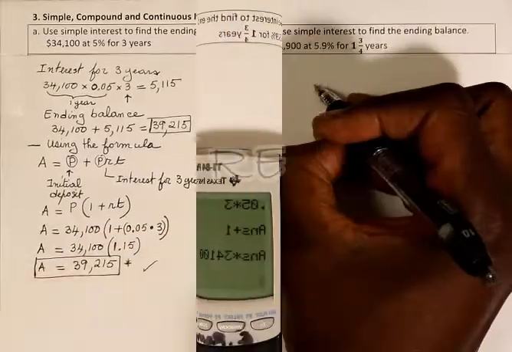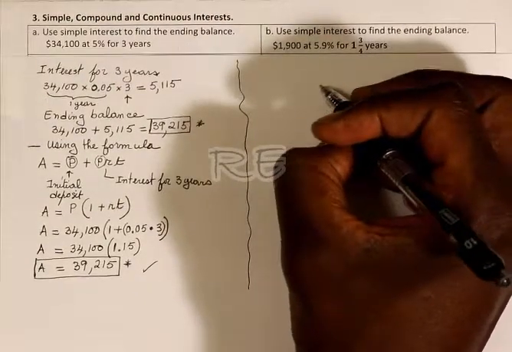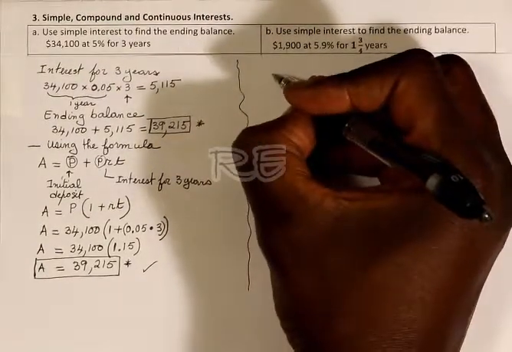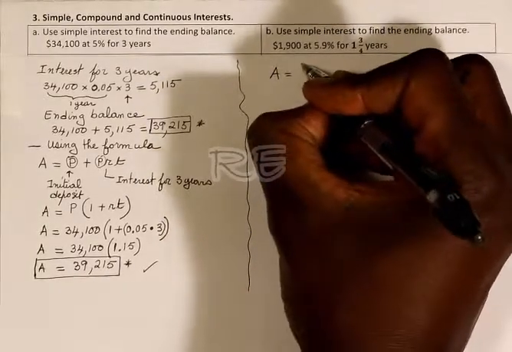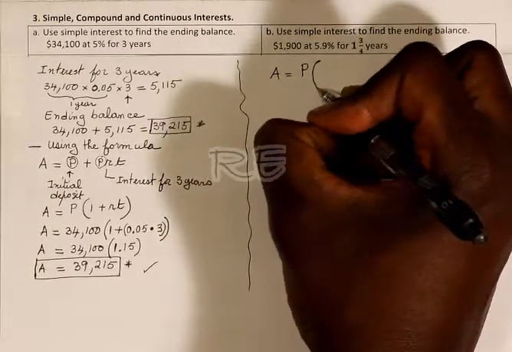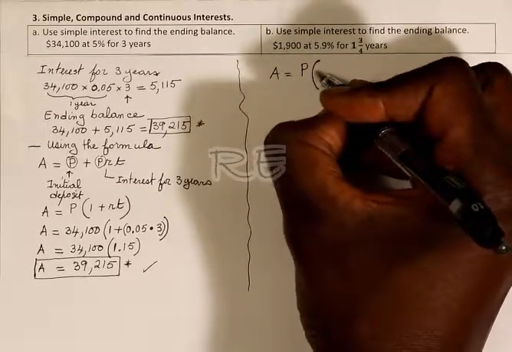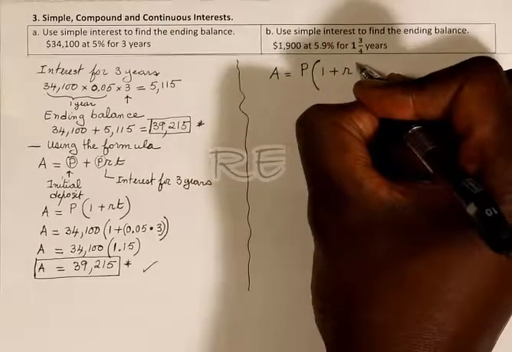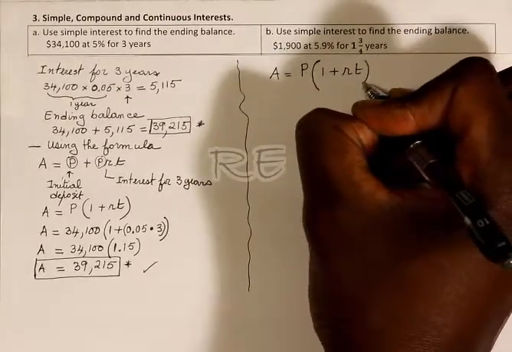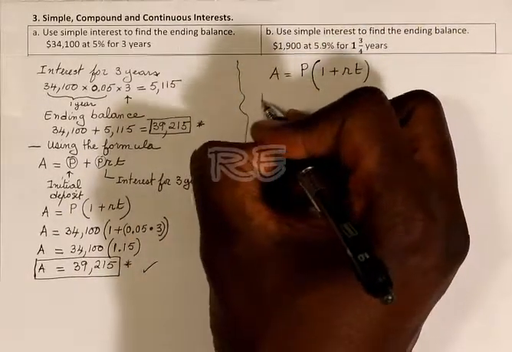We can either work it out or use the formula. For this one, we're just going to use the formula. It's a lot quicker. So the formula says, take the initial investment, multiply it by 1 plus the interest rate times the number of years.